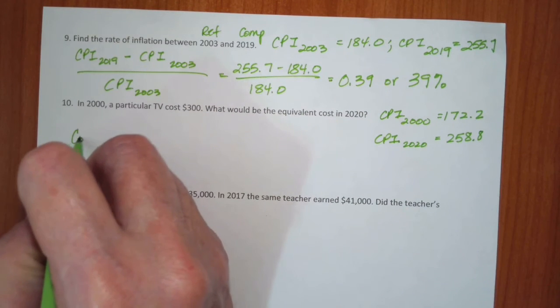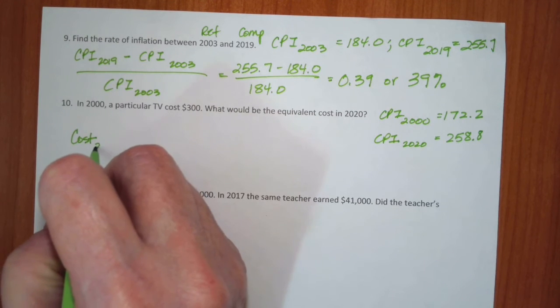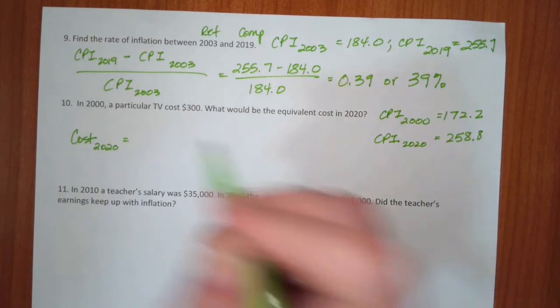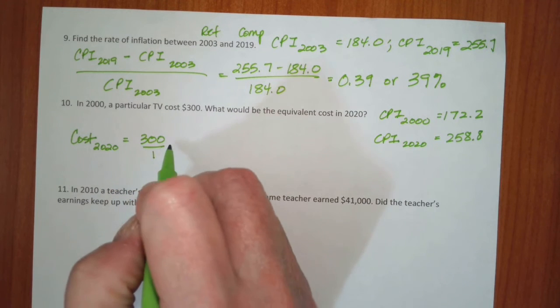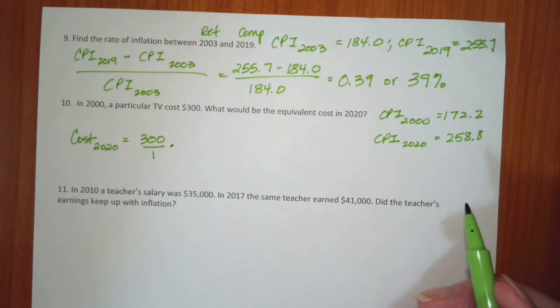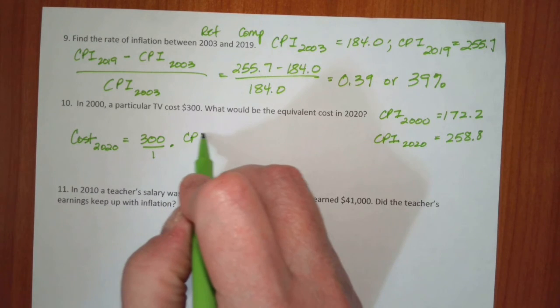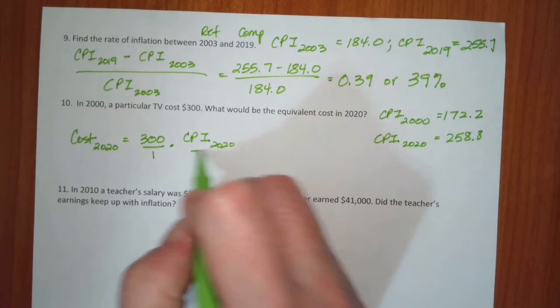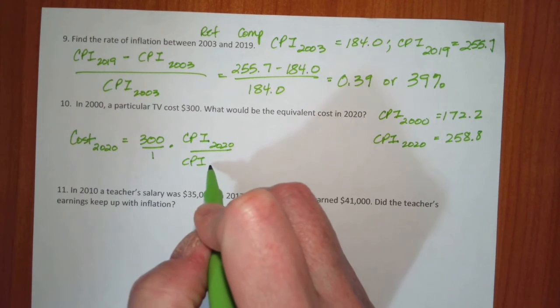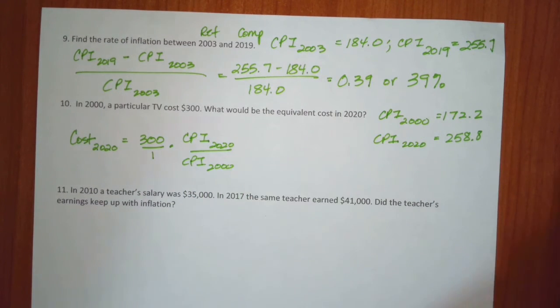So the cost in 2020 is going to be 300, I'm going to put it over 1, times the CPI in 2020 divided by the CPI in 2000.